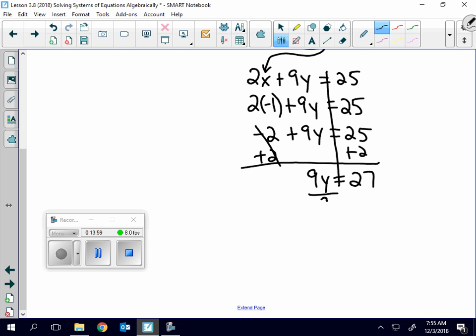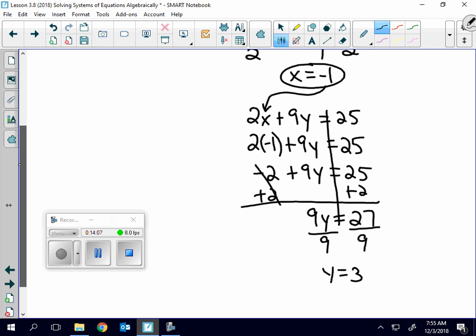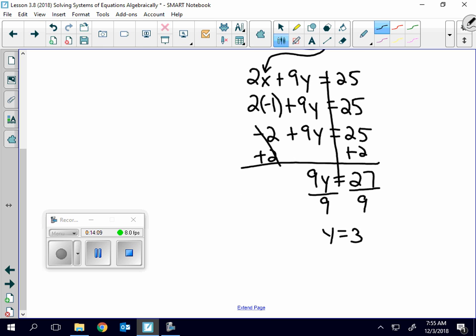Right? Divide by 9 to get y by itself. y equals 3. All right, and we have x is -1, y is 3. So -1 for the x, 3 for the y. You can circle that as well, but I like to circle my final answer.